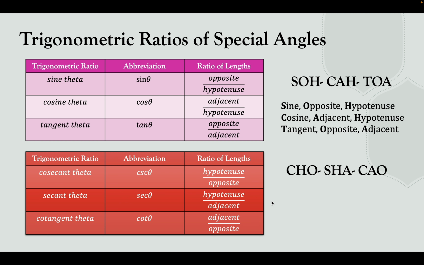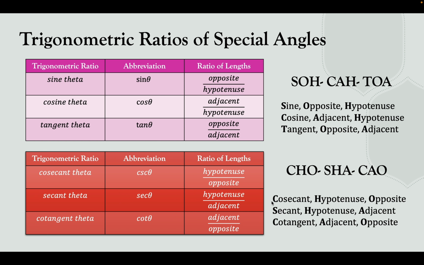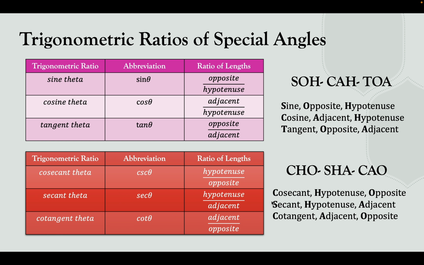We also have a way to memorize them easily. Cosecant is hypotenuse over opposite, secant is hypotenuse over adjacent, and cotangent is adjacent over opposite.